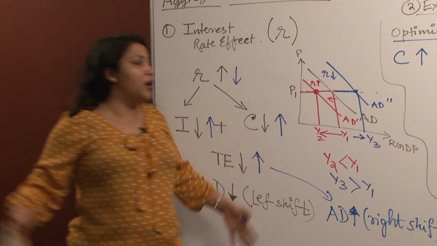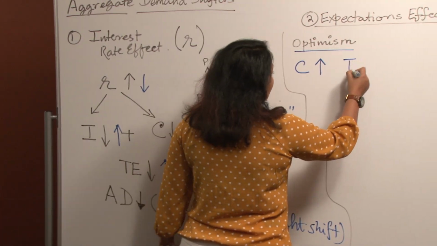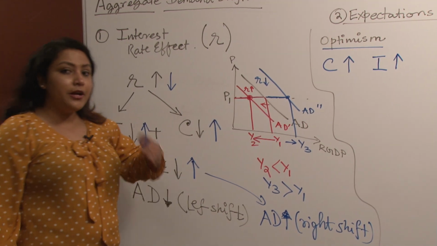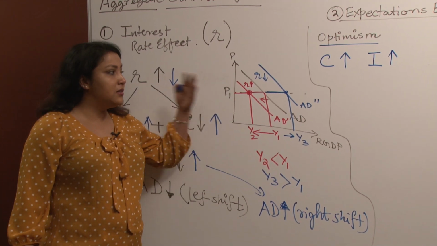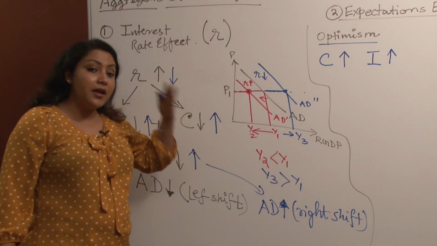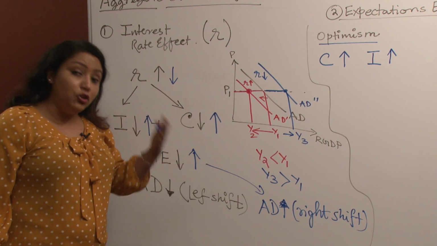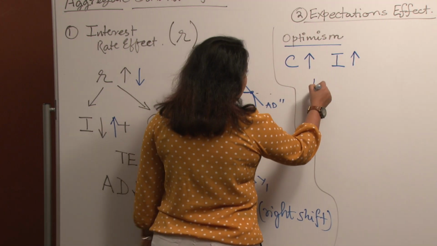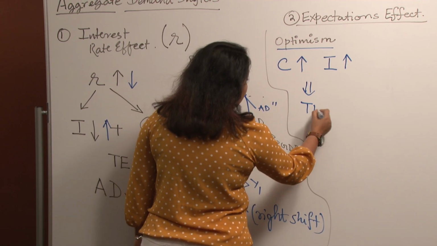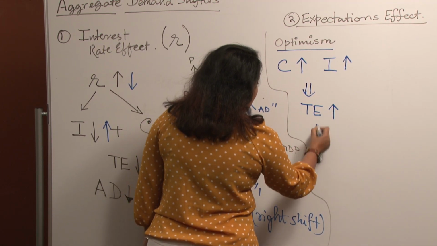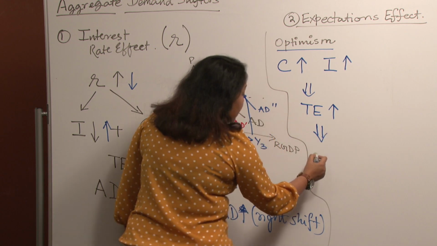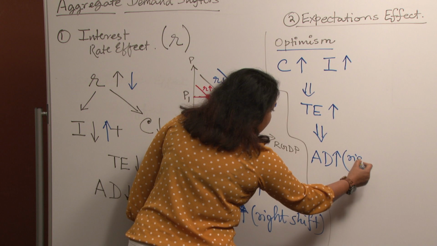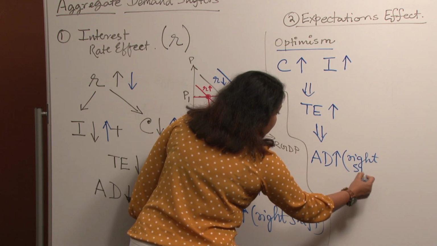And the business firms are also encouraged to invest more because the economy is doing good. So, whenever there is optimism, there is higher consumption expenditure, there is higher investment expenditure, and usually also higher government expenditure, and as a result of that, the total expenditure of the economy is higher. Once again, due to that, the aggregate demand in the economy is higher. So, you see a right shift of the aggregate demand curve.